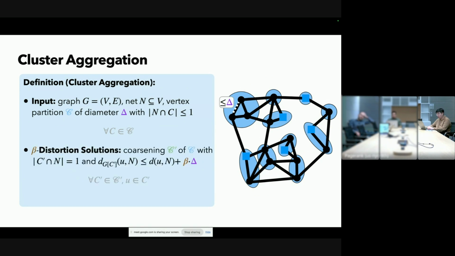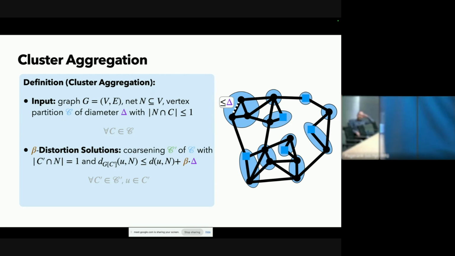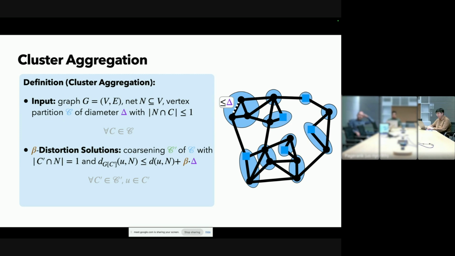And now, what is a good quality solution? I'll say that a solution is a coarsening of the blue partition, and it has beta distortion if you have to go beta-ish farther additively to get to a net vertex. In particular, you want to coarsen the partition so that you have exactly one net vertex in each of the coarsened parts.